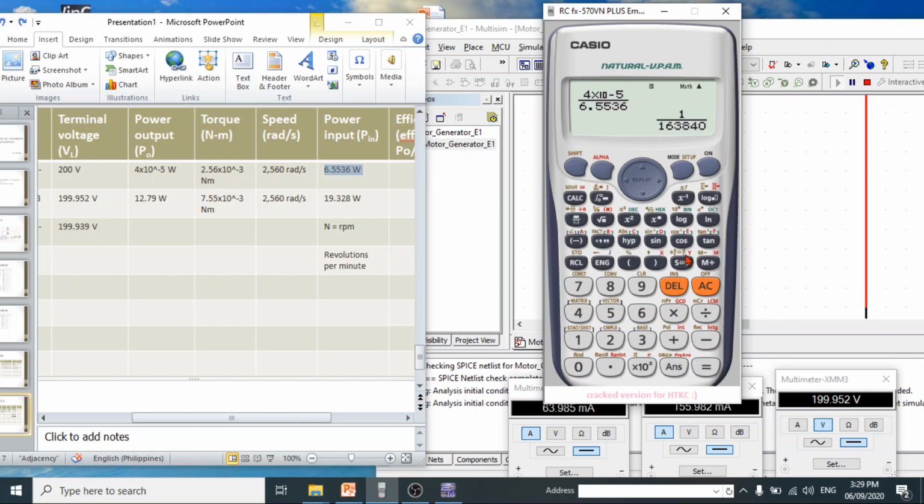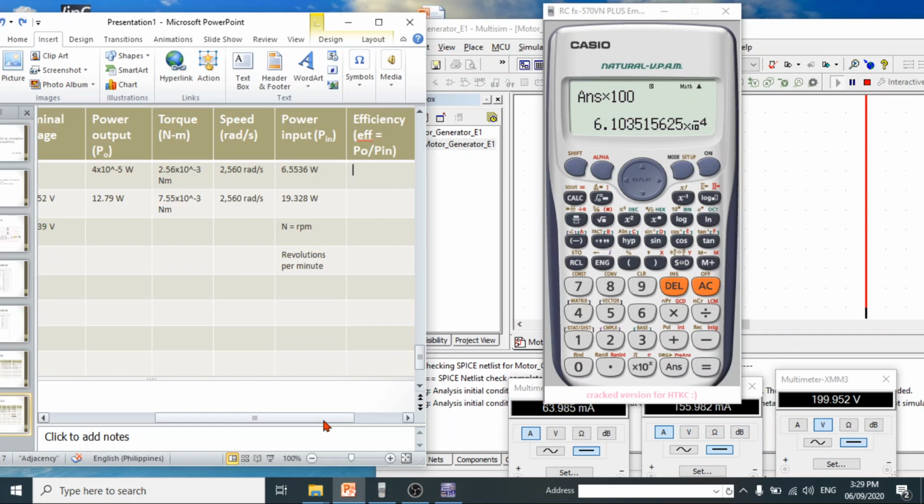And then you multiply it with 100 to convert it to percentage, and you will have almost 0%. So that's 0.00006%.